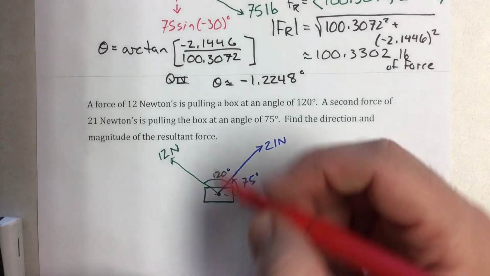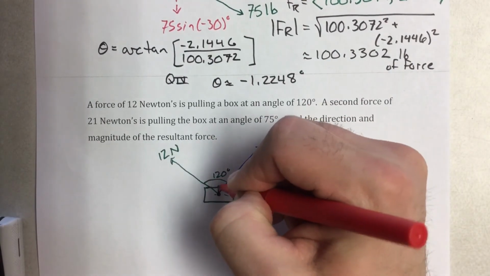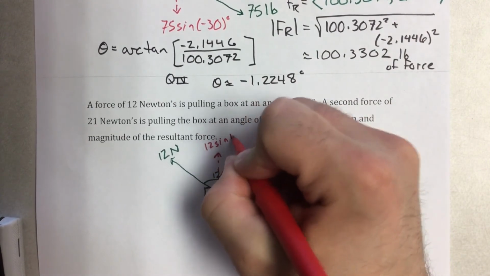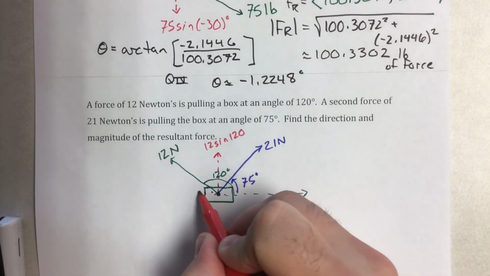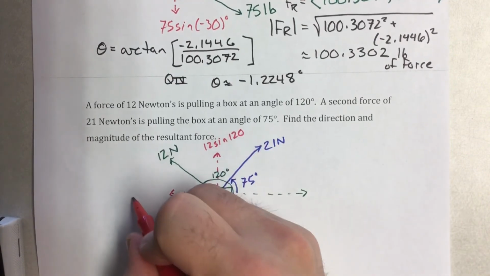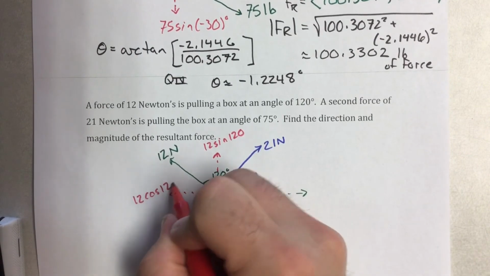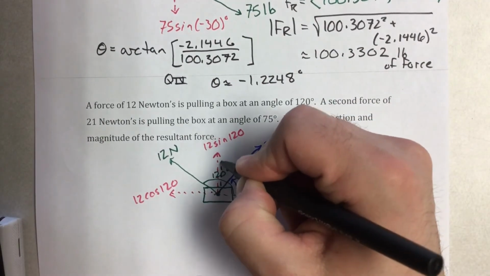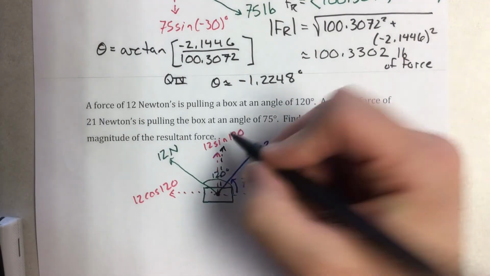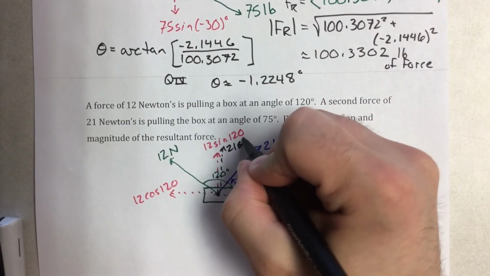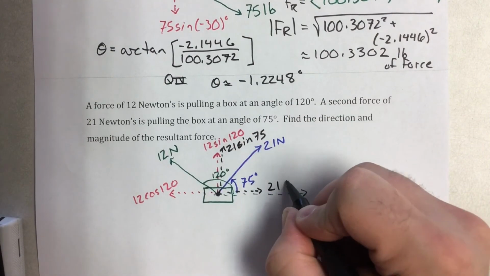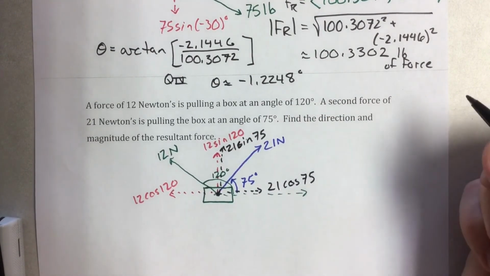Let's do this. Of our 12 newtons we have 12 sine of 120 and 12 cosine of 120. We have 21 sine of 75 and 21 cosine of 75.